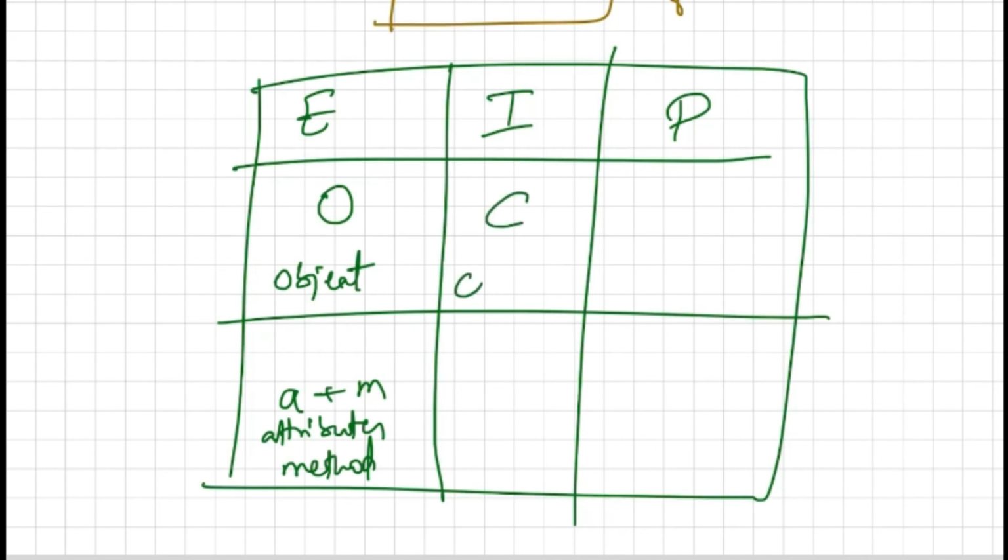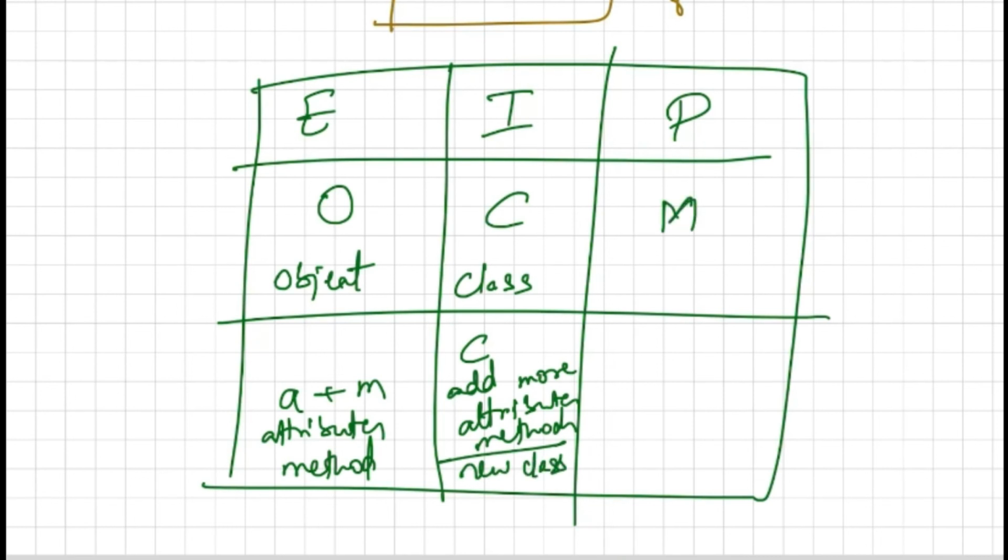Inheritance is about class. On class C, if you add more attributes or methods, you get a new class. And then there is polymorphism, which is basically about the methods.